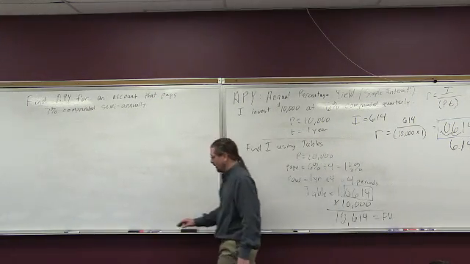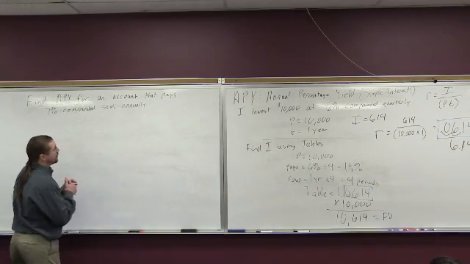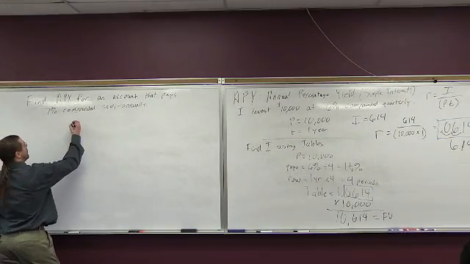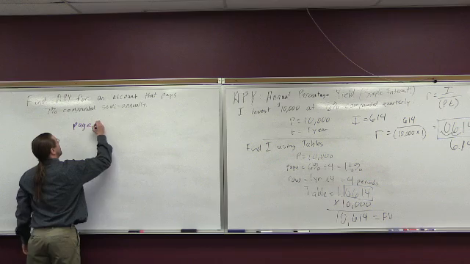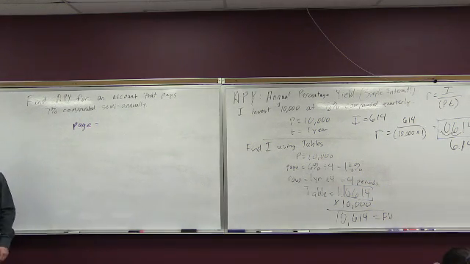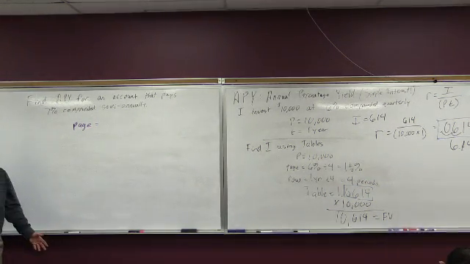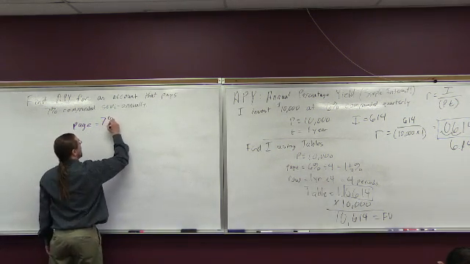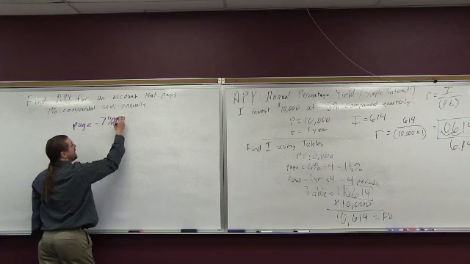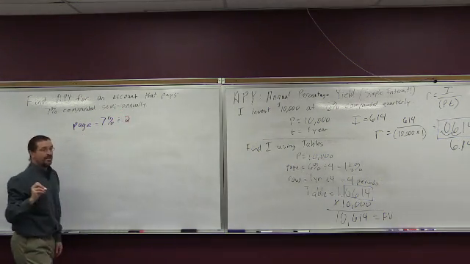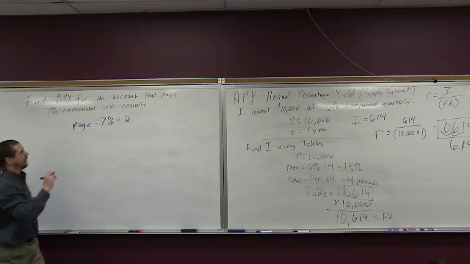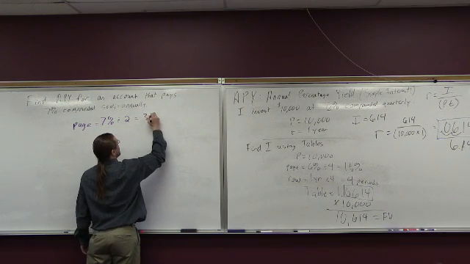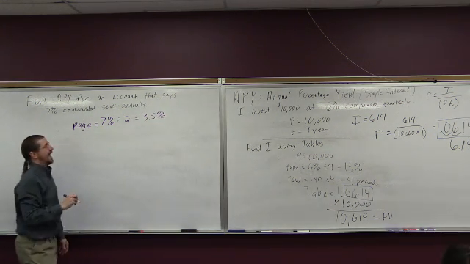So, for this problem, what you're going to do is you're going to say, oh, great, APY. I just need to know what page and row to look on. What page am I going to go to? 3.5. 3.5, because you're going to say 7%, and since this is semi-annually, you're going to divide by 2, which is 3.5%.